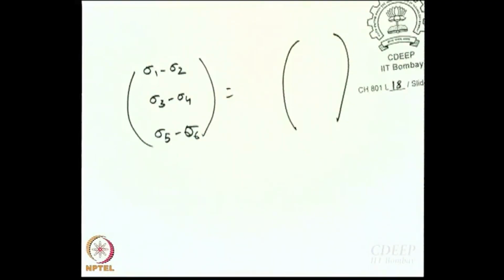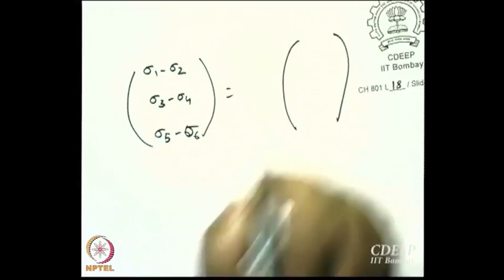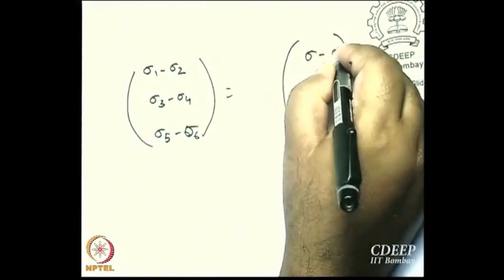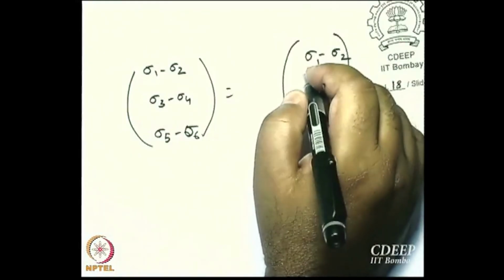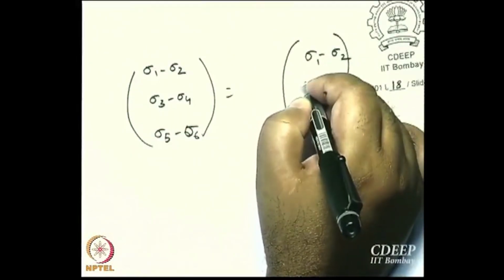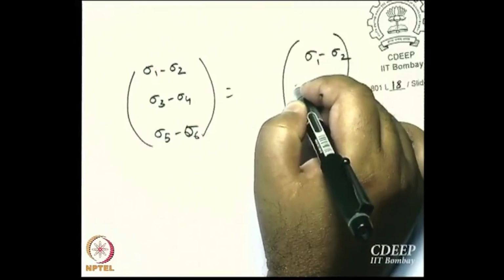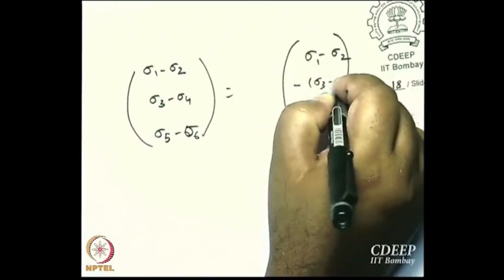That becomes what? What are you applying? You are applying C3, C2. If you apply C2, then what happens? Sigma 1 minus sigma 2 remains sigma 1 minus sigma 2. What about sigma 3 and sigma 4? What does it become? Sigma 4 minus sigma 3, which is minus sigma 3 minus sigma 4.